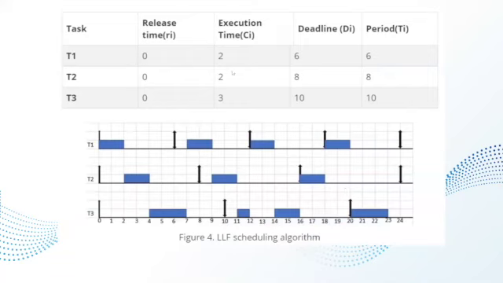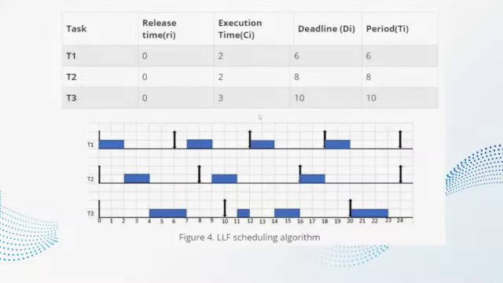So if you see here, we're going to have several different approaches. First, at time 1, we have T1, which is task 1. At time 1, the laxities of each task are calculated using the equation.